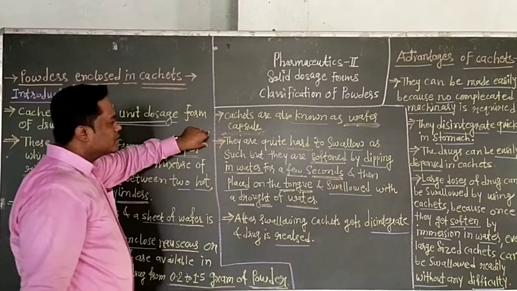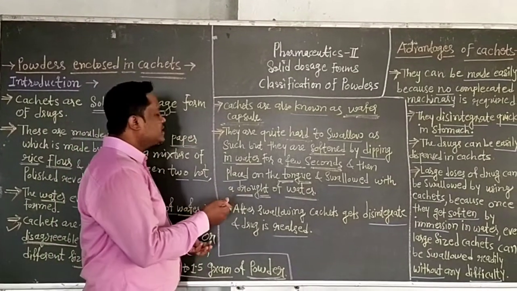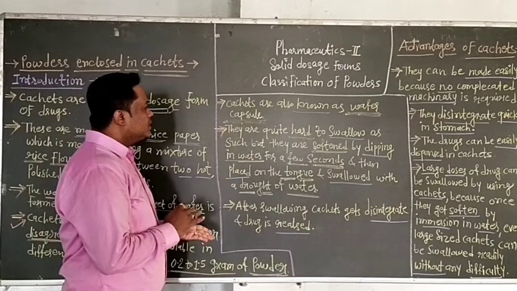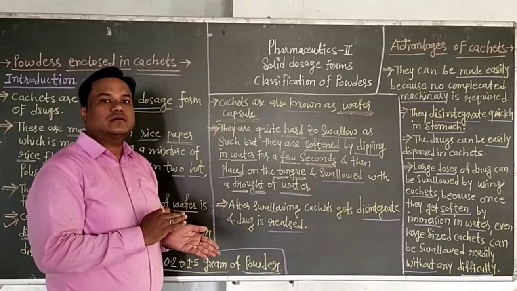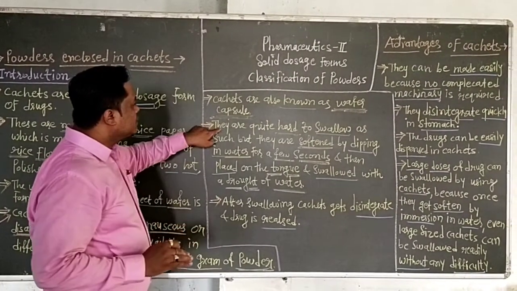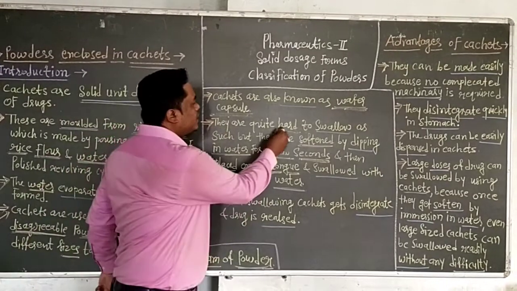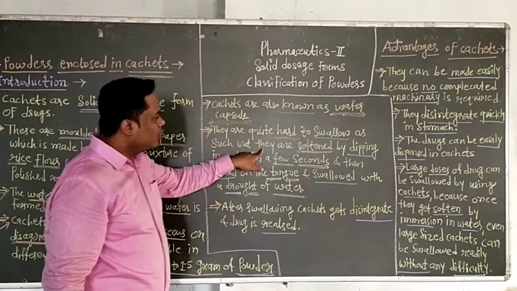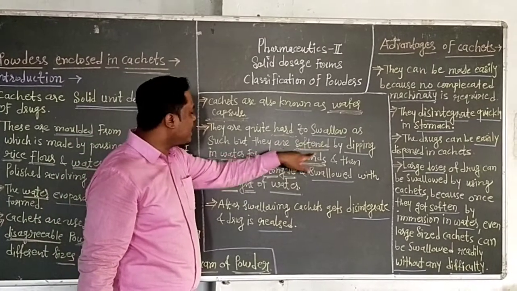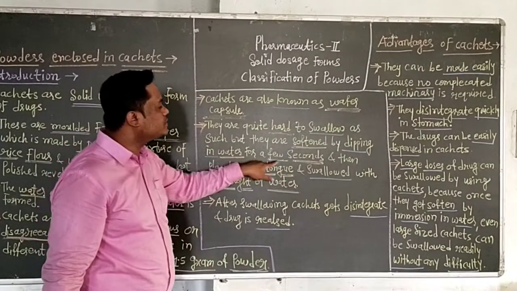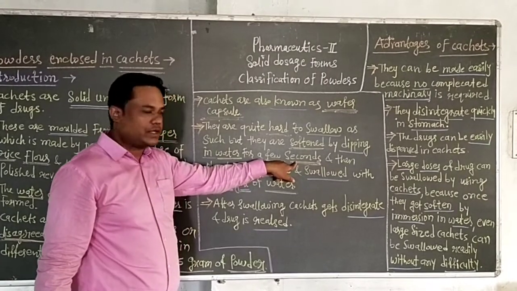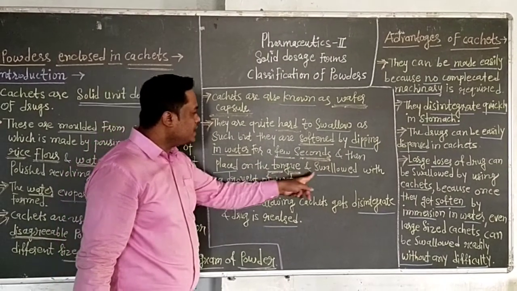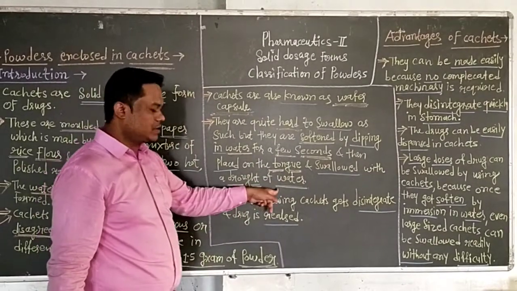This point covers how cachets are taken as a dose and the condition before taking it. The cachet is quite hard to swallow as such, so it is softened by dipping in water for a few seconds before swallowing, then placed on the tongue and swallowed with a draught of water.